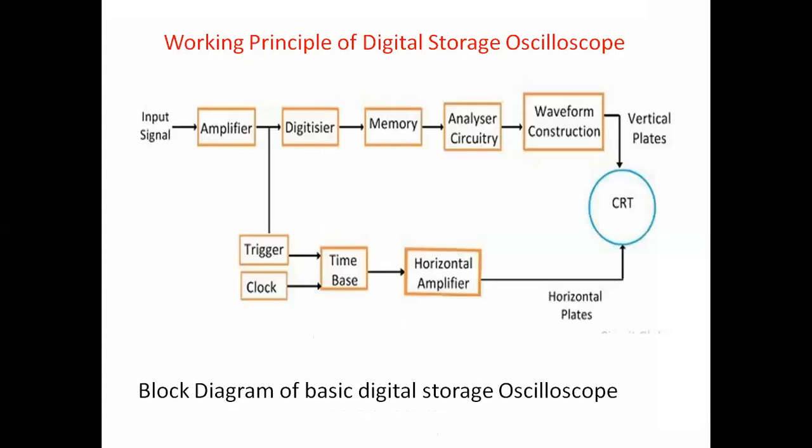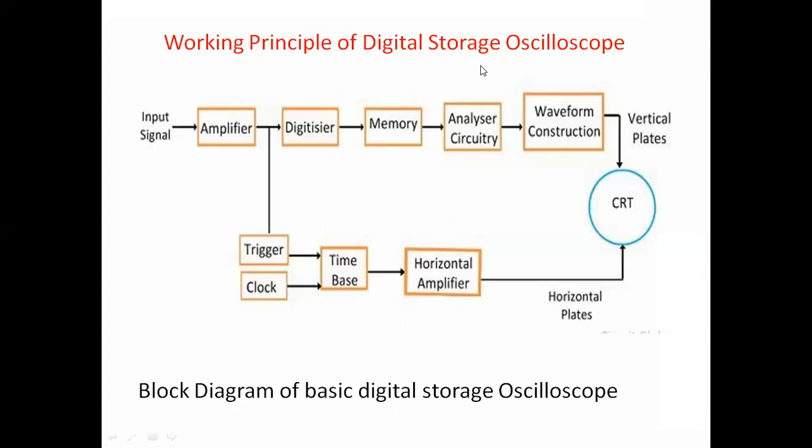By using different display targets and flood guns, we can use the storage oscilloscope. Whereas in the digital storage oscilloscope, the first step is conversion of the signal.